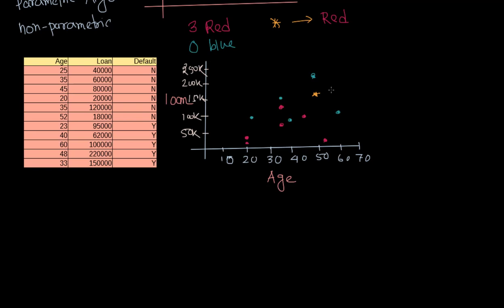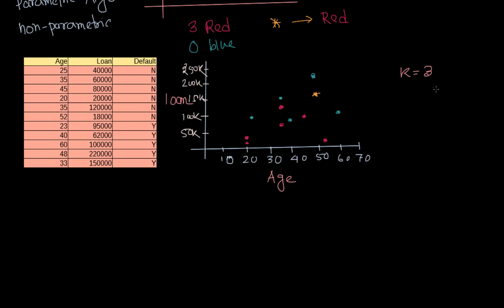Now by using KNN we are going to determine the neighbors. Let us assume first k equals 3, and we'll see later how to vary k. That means we need to determine the 3 nearest neighbors of this yellow point, and among those neighbors, which is the more common default value?